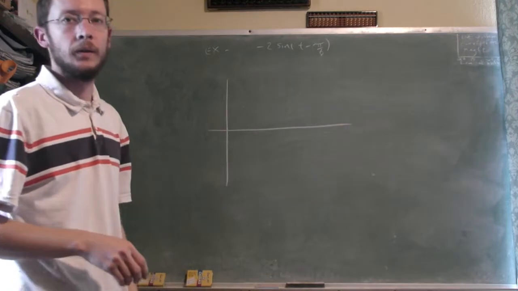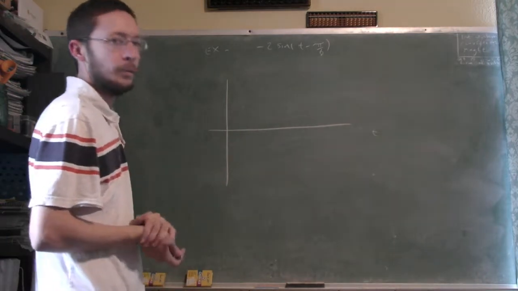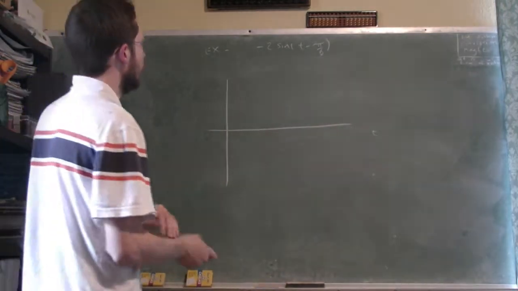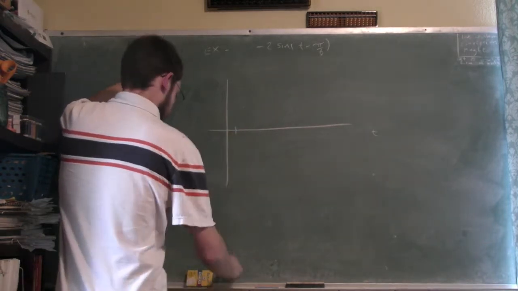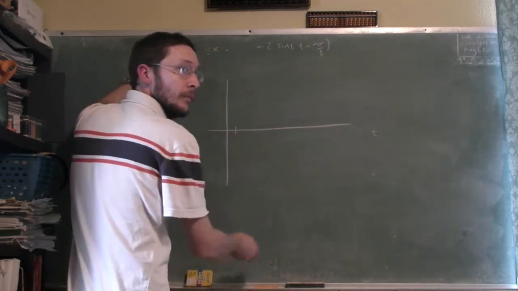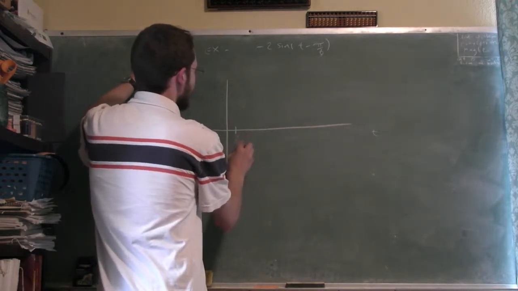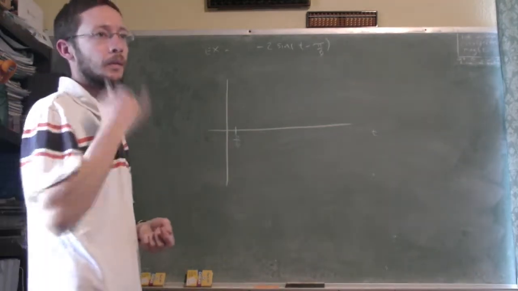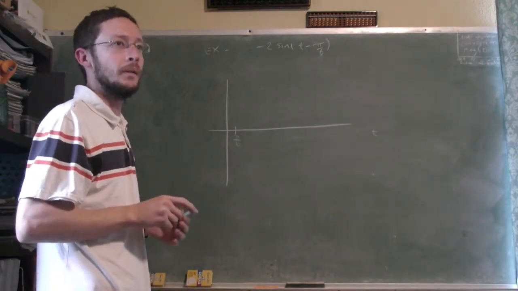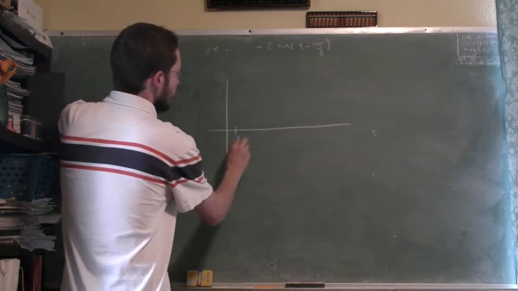All we do is just get a set of axes set up. This will be our t-axis. Our starting point was pi over 6, and so all we do is just plot that right here. So pi over 6, that's our starting point.